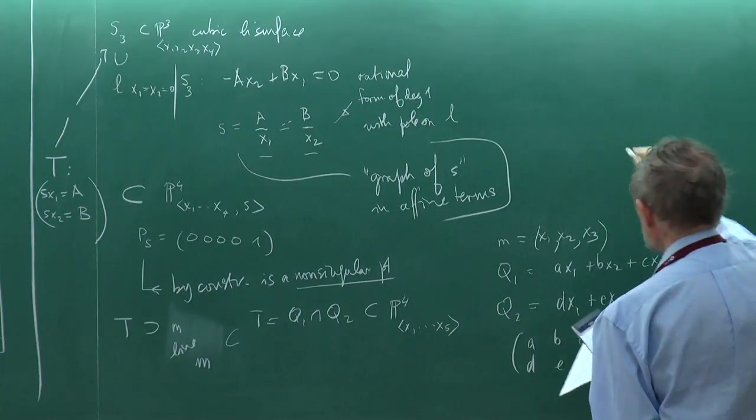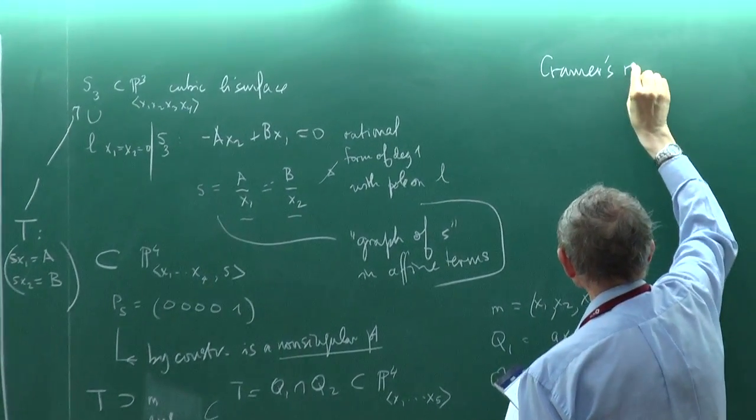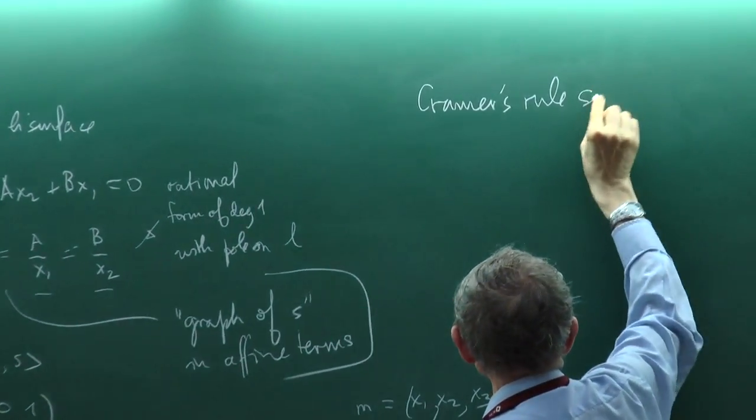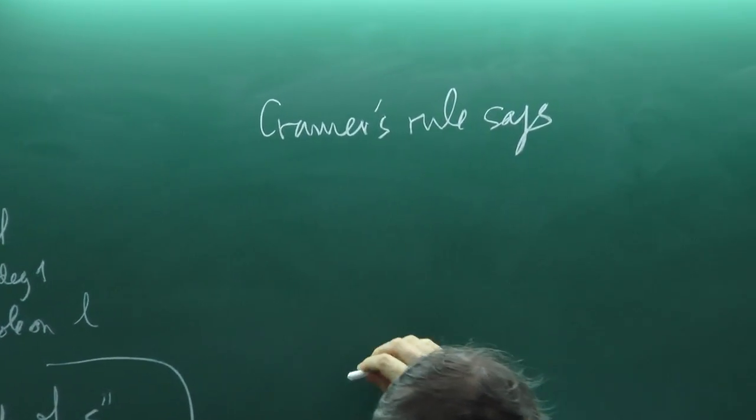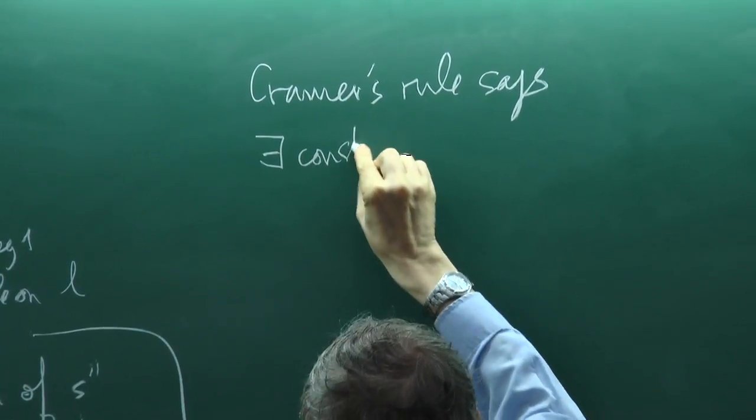So Cramer's rule says there exists a constant of proportionality.